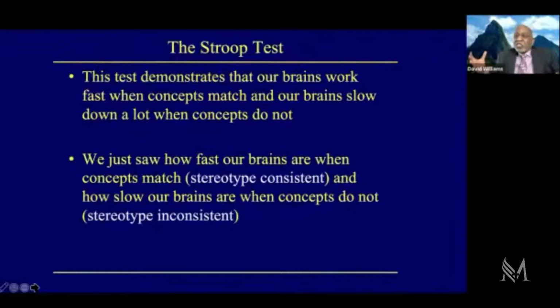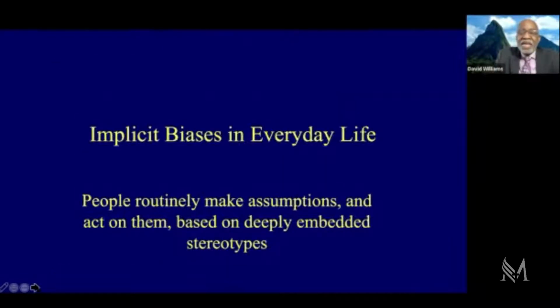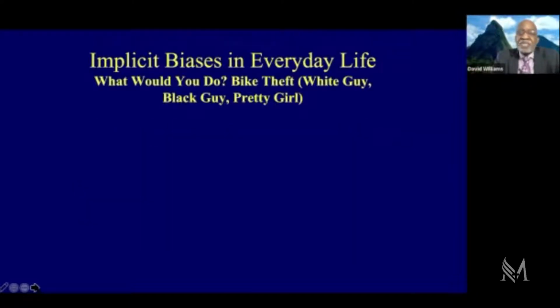So what it illustrates is how fast our brains are when concepts match, when they are stereotype consistent, and how slow our brains are when concepts do not match, when they are stereotype inconsistent. Those implicit biases exist in everyday life. People, including us, routinely make assumptions and act on them based on deeply embedded stereotypes that we have.